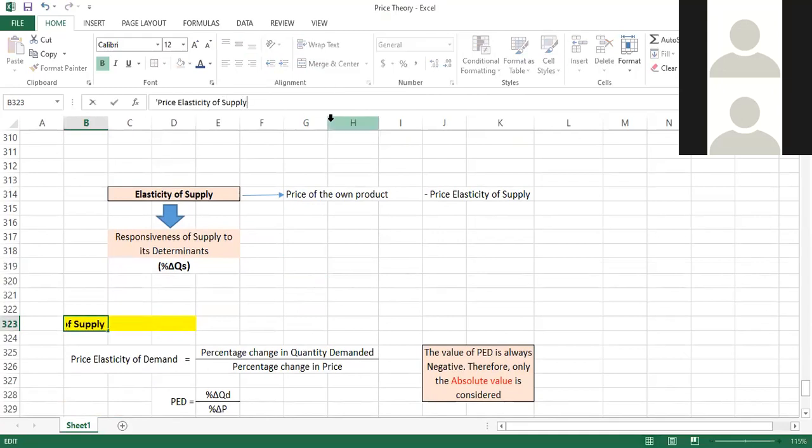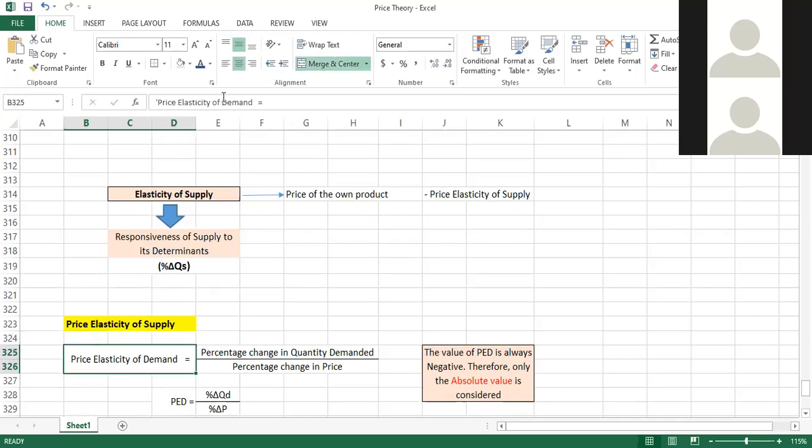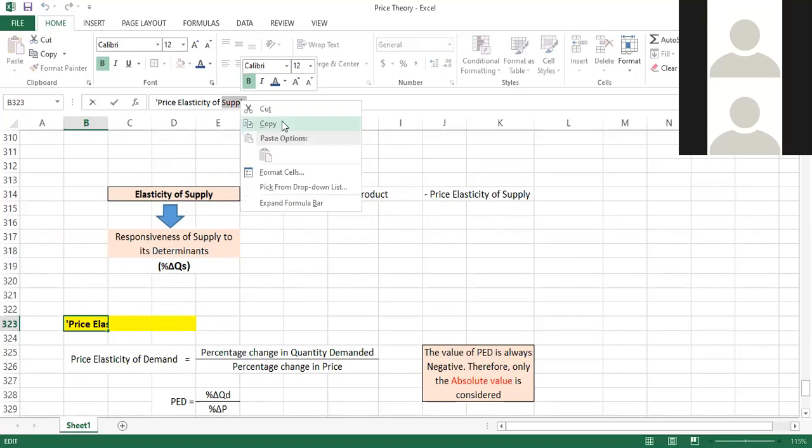So it is calculated as the responsiveness of quantity supplied with respect to the percentage change in price of the own product, right?